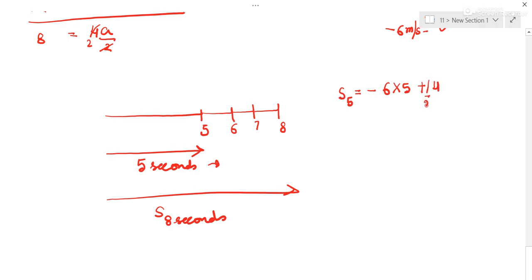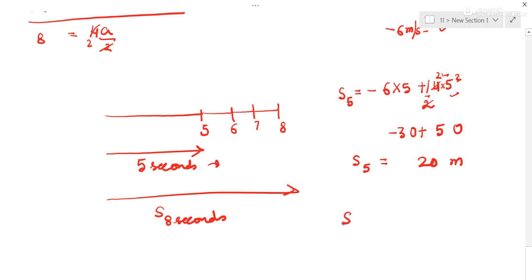So half a t square is 5 square, so 25 into 2, that is 50, and this is minus 30, so it's 20 meter. You get the distance in 5 seconds.